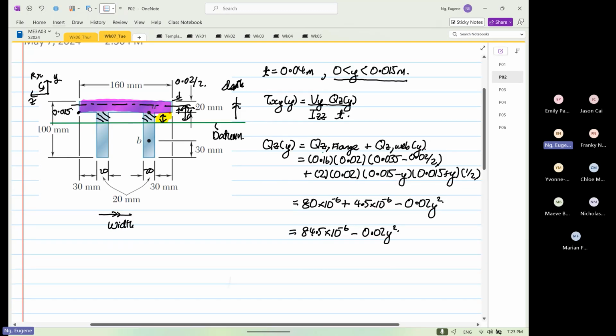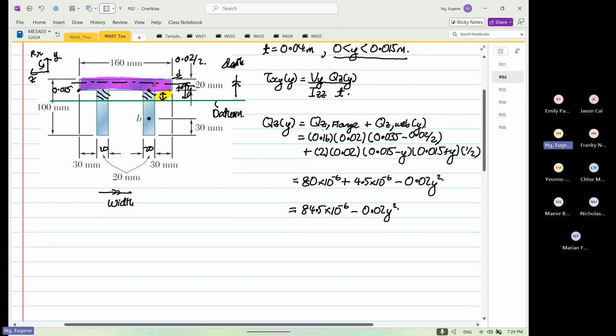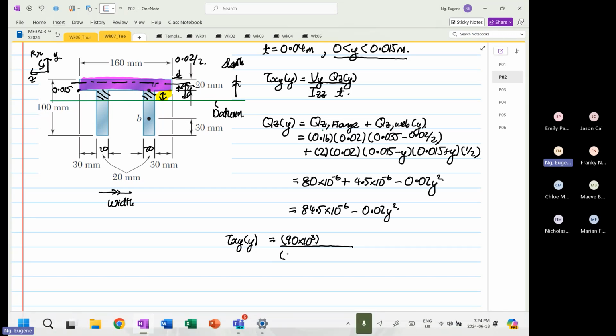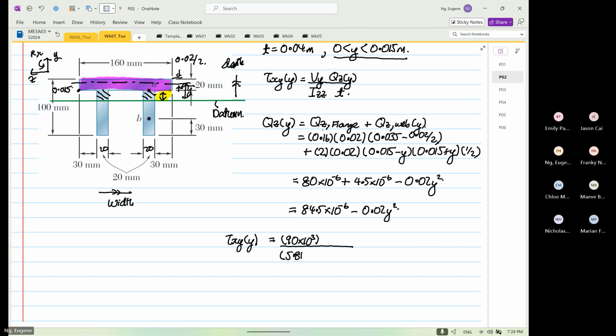Okay. So from here, we can calculate shear xy as a function of y. So this will be equal to V. We know it's 90 times 10 to the power 3, divided by our Iz, which is 5.813 times 10 to the power minus 6.